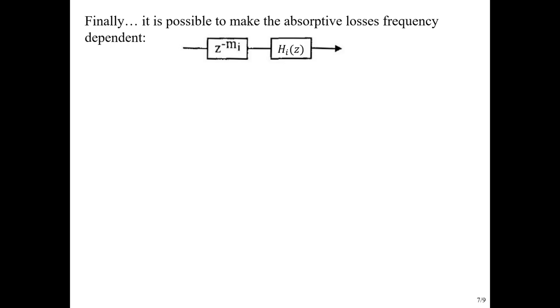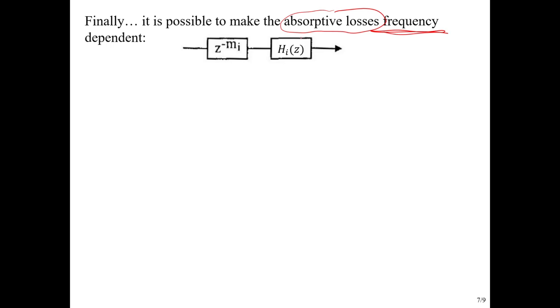Now, here's the thing. How do we choose this? What are we trying to strive for? We want to make these absorptive losses frequency dependent. We talked about that. What we have already, on the previous slide, picking everything that way, the absorptive losses were not frequency dependent.